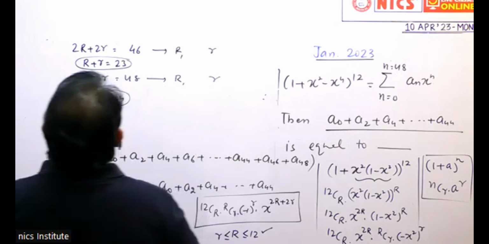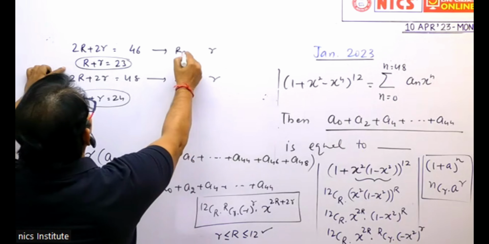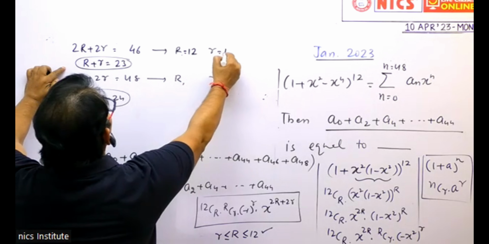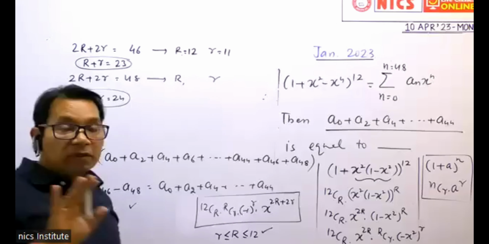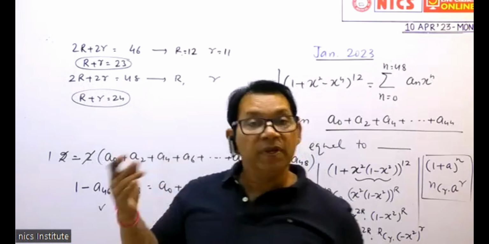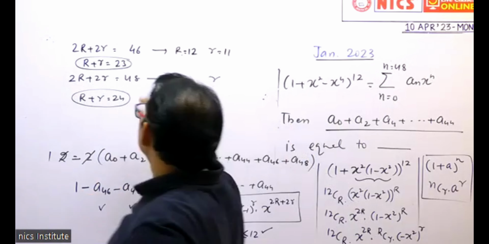What is the possibility? The only possibility I see is that R should be 12 and small r should be 11. That is the only possibility because capital R cannot be more than 12 and small r has to be less than or equal to 12. This is the only possibility.